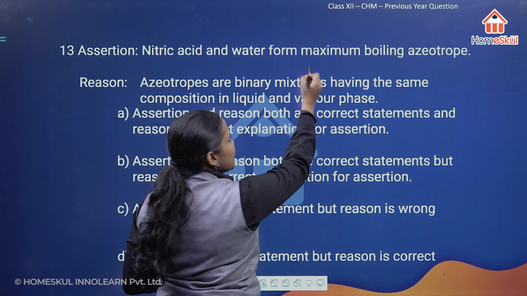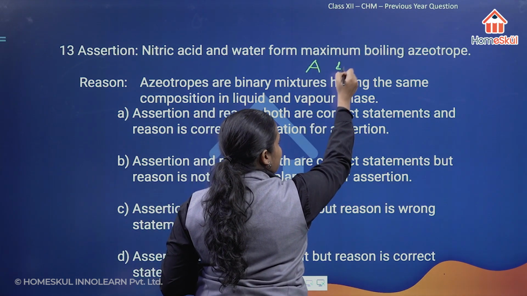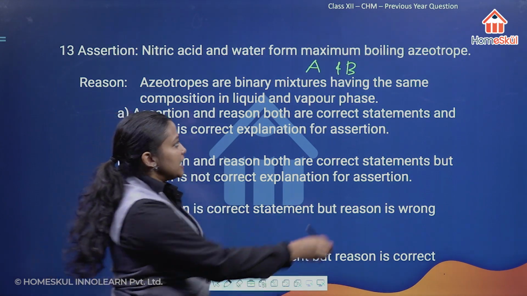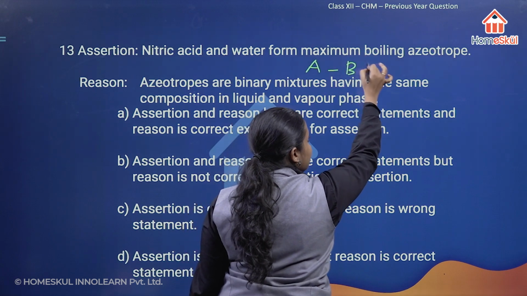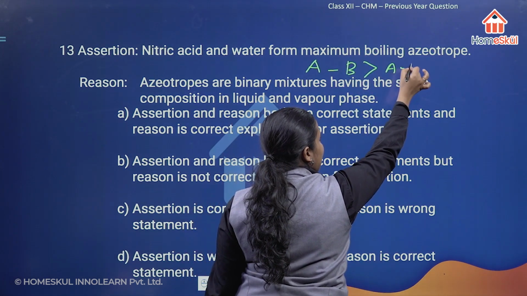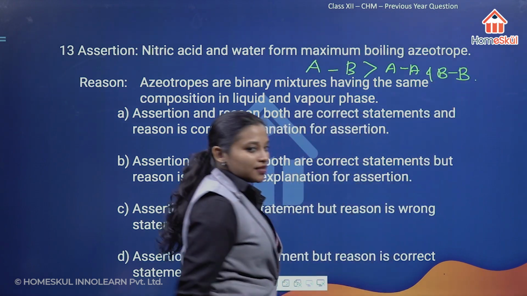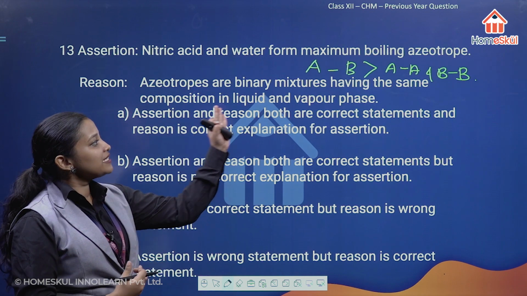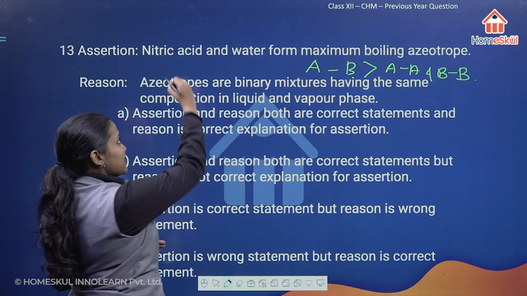That means if we consider a binary mixture having components A and B, for a solution showing negative deviation, the AB interaction will be greater than AA and BB. So, in effect, they show negative deviation from Raoult's law and they form maximum boiling point azeotropes. So the first statement is correct.